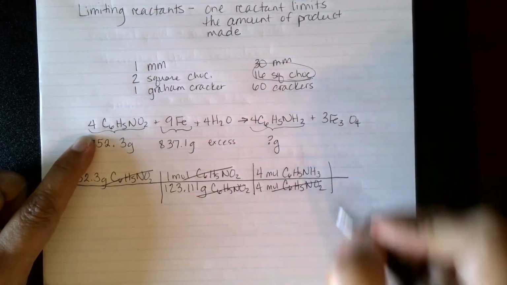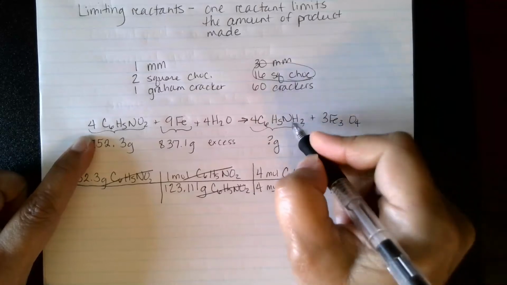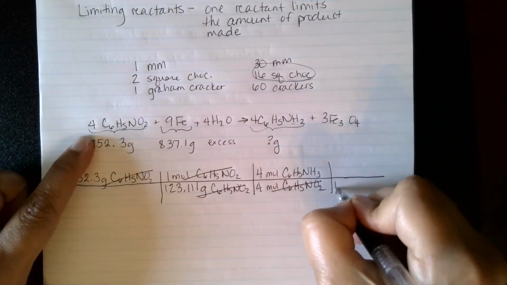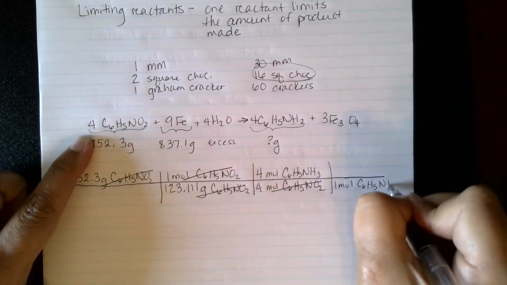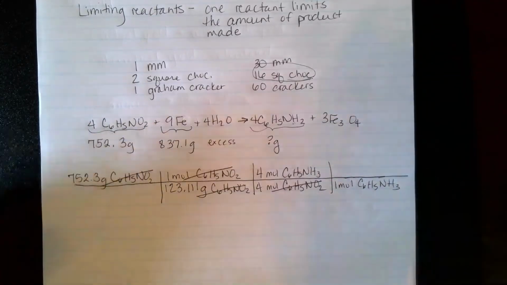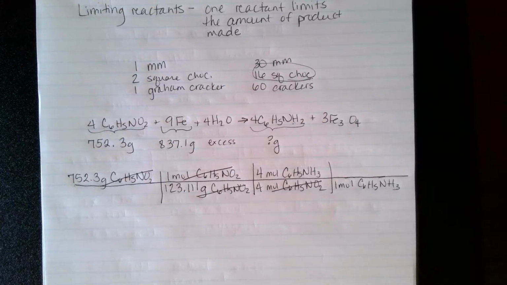And then last, I do the molar mass of this one. So 1 mole of the C6H5NH2. So now I'm going to need that molar mass.